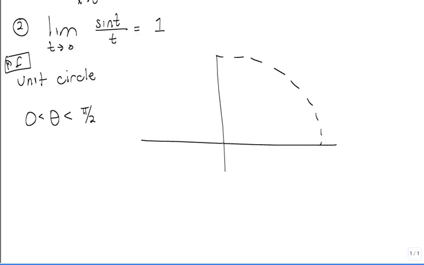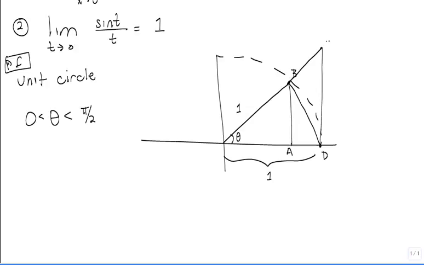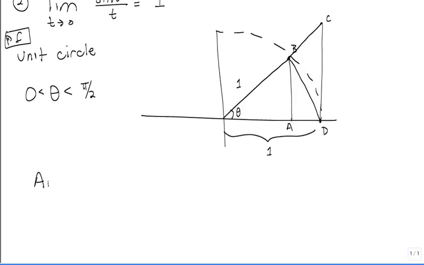And here's theta. So this is 1, and this whole thing is 1, because the radius is 1, the unit circle. Draw this down, and let's say this is A, and this point is B on the circle. We'll say this is D, and we'll come up here and make another triangle, and this is C. So let's first talk about the area of triangle OAB.